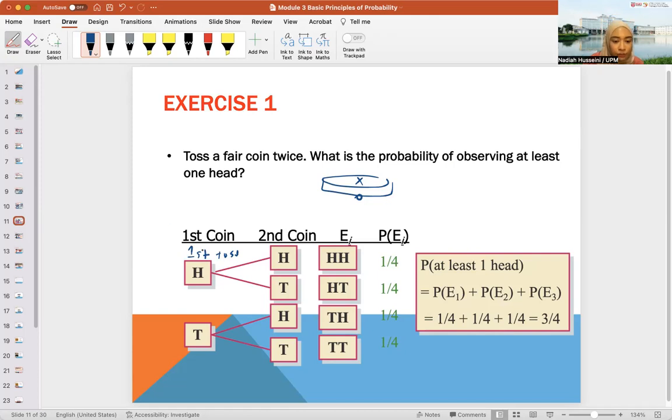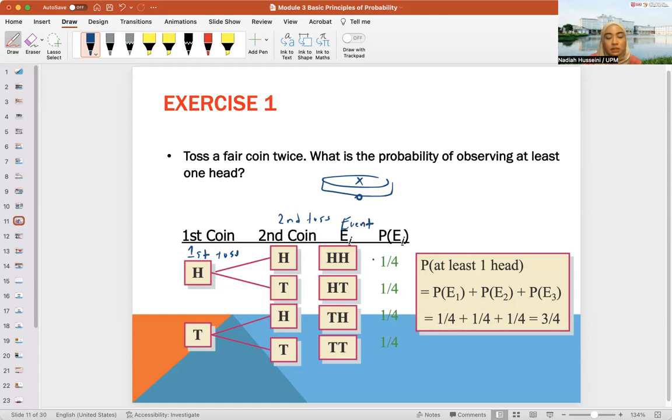So the first toss, and this is the second toss, you either get heads and heads, or heads and tails. Or if you toss the first time, you get tails, the second time you toss it, you either get a heads or a tail. So this is HH, HT, TH, TT. So these are events. This is the outcome of your experiment.